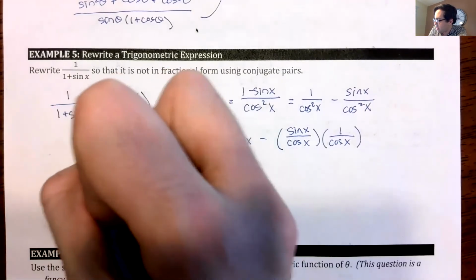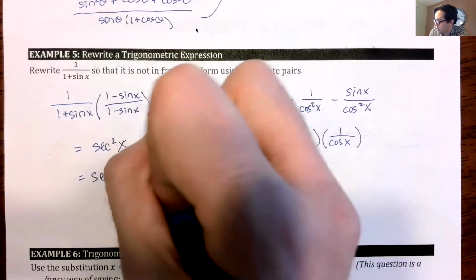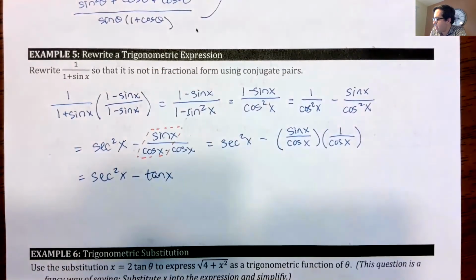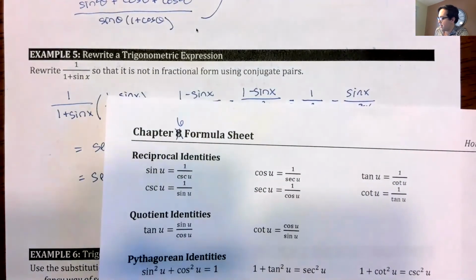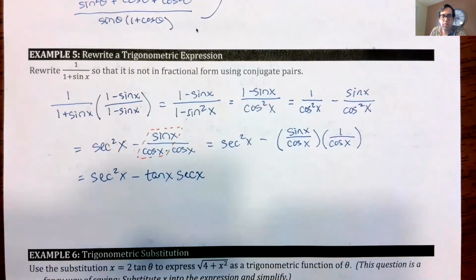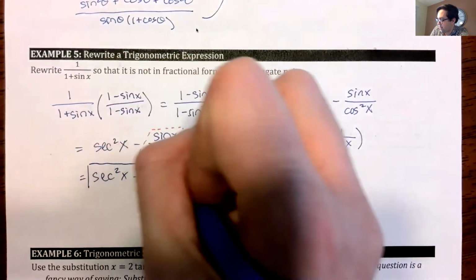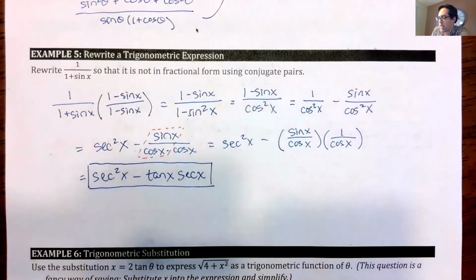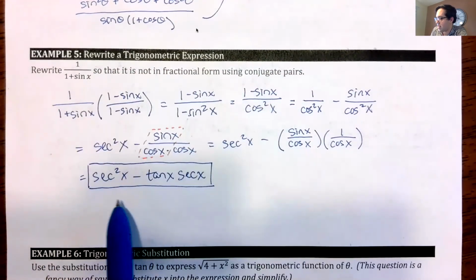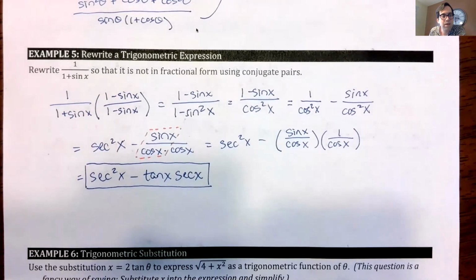And now this can be secant squared x minus sine over cosine, which I just said was tangent, and 1 over cosine, which again, if we look over here, is secant. And we officially made no more fractions. So we got it. Again, crazy that 1 over 1 plus sine of x and secant squared x minus tangent x times secant x are the same. They would have the same graph. It's crazy, okay? But it's true.